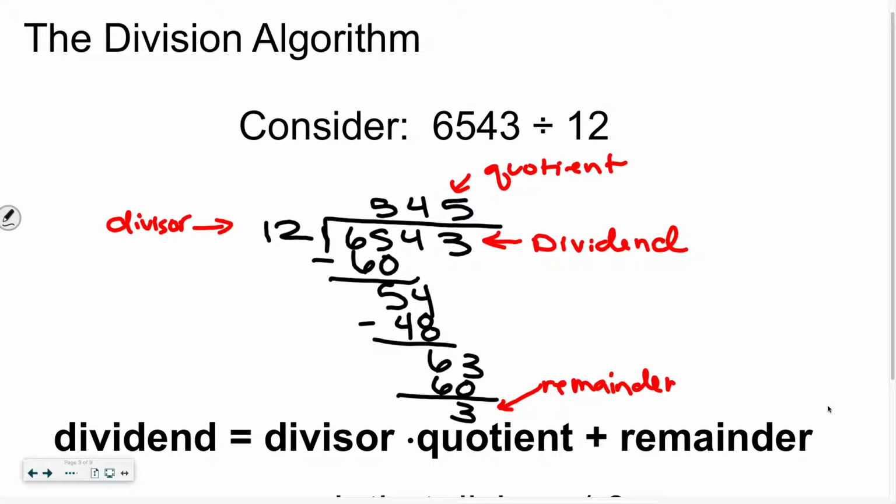Do you agree that when you divide this and you get all this stuff, it's saying 6,543 is equal to 12 times 543. But I had these 3 extra ones that I couldn't divide, so what do I do with that remainder? Just add it. Plus 3.